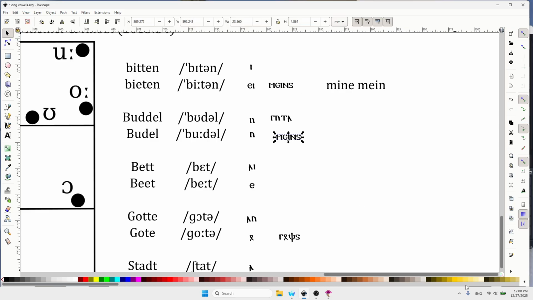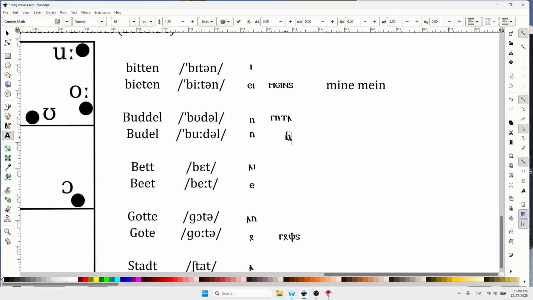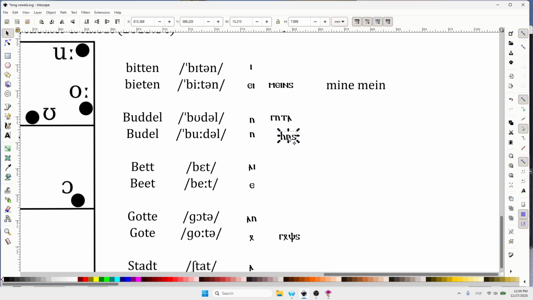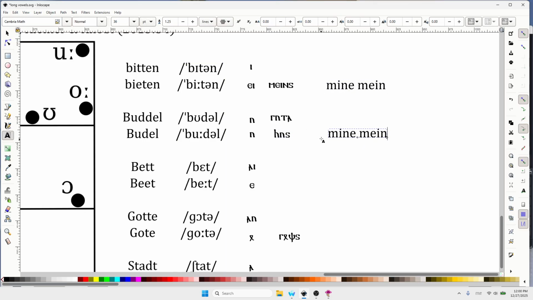Gothic also has, for example, a word with a long oo, but then both German and English have house, Haus. So both German and English have diphthongs there.